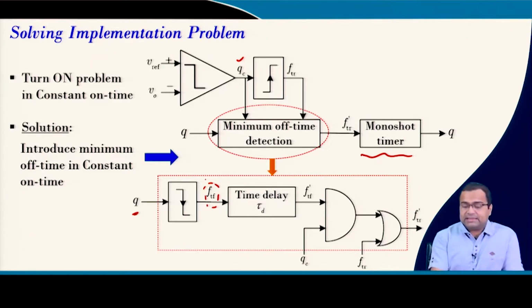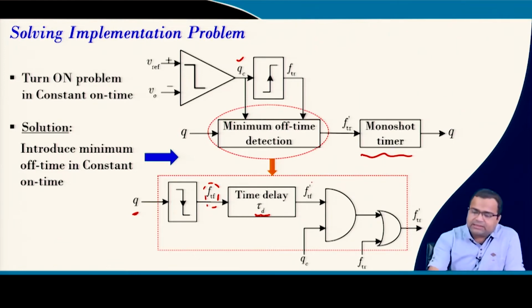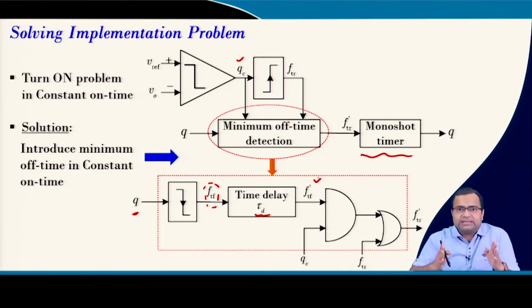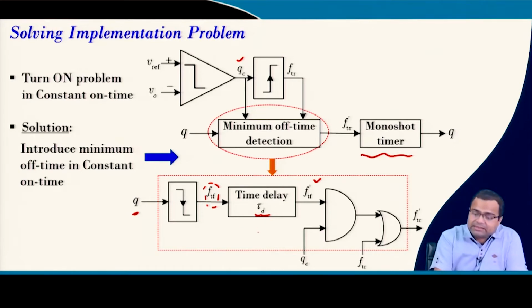This falling edge is delayed by a time tau d, and this delay can be realized using a shift register. So, this is a delayed edge detection signal which detects a negative edge of the switching gate signal, and that is delayed by tau d, and this tau d is nothing but our minimum off time.